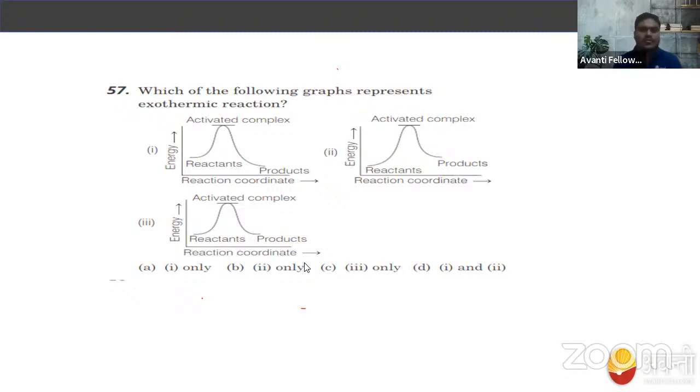चलो, so let us discuss this thing. What do you mean by this term exothermic? We all know that exothermic means what?